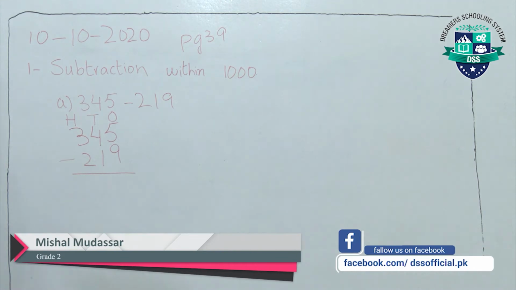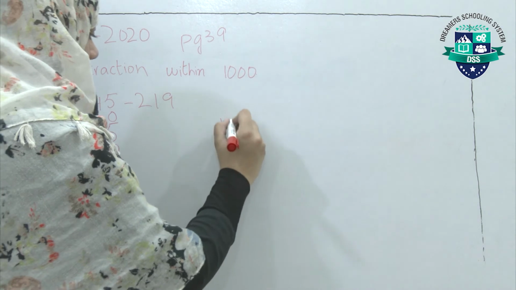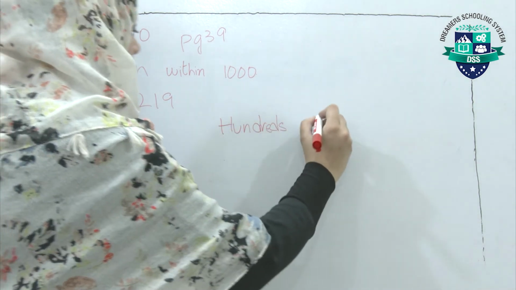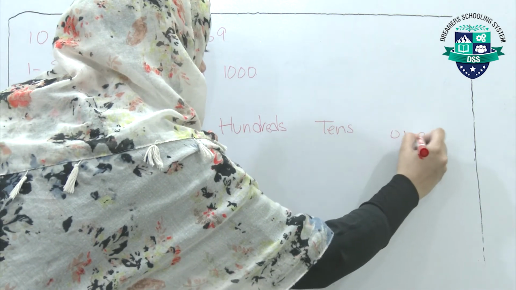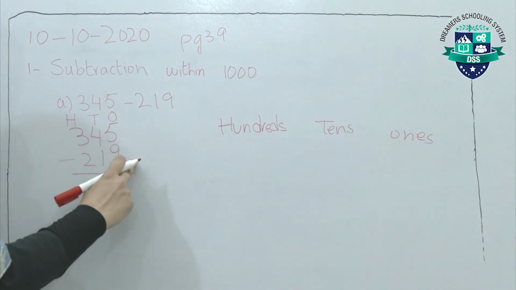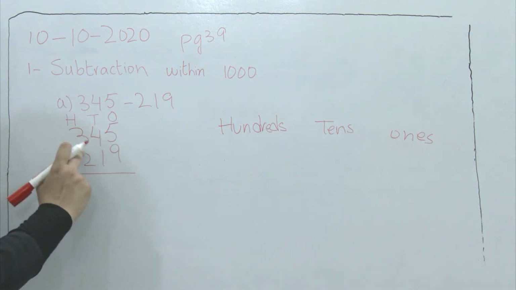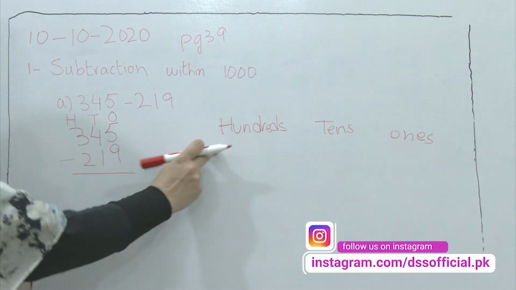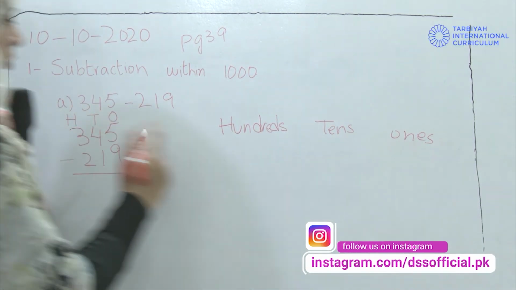So we will write in a diagram form. Hundreds, tens, and ones. So in subtraction, we always start from ones. Now we can see, as we have to subtract this number from 345, we will draw our blocks here. So 3 blocks for hundreds.